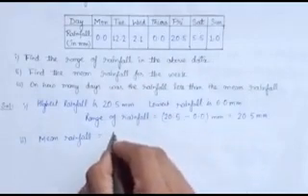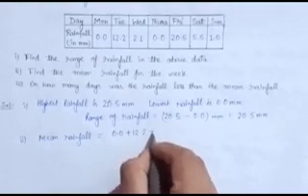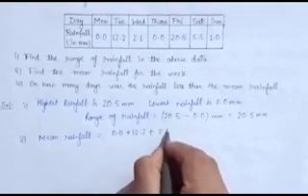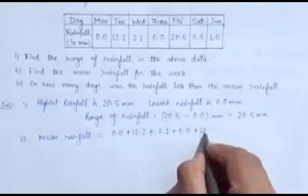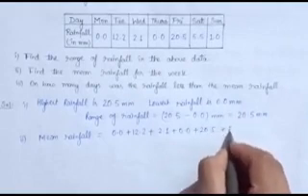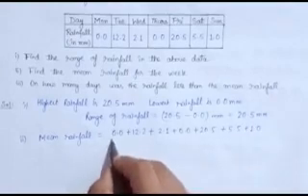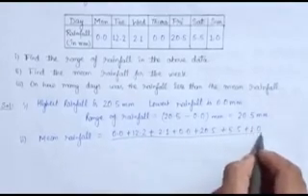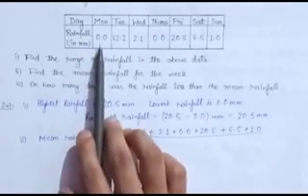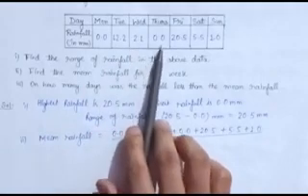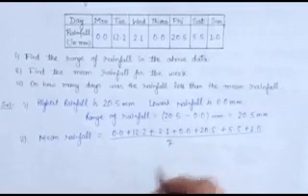So 0.0 plus 12.2 plus 2.1 plus 0.0 plus 20.5 plus 5.5 and then 1.0. Now we have to divide this sum by the number of observations. So here you can see that there are 1, 2, 3, 4, 5, 6 and 7. So there are 7 observations.